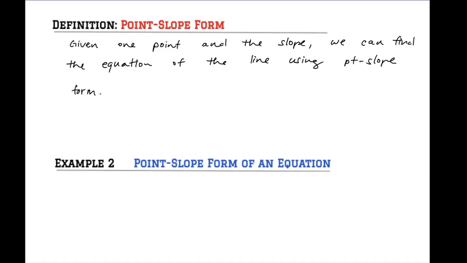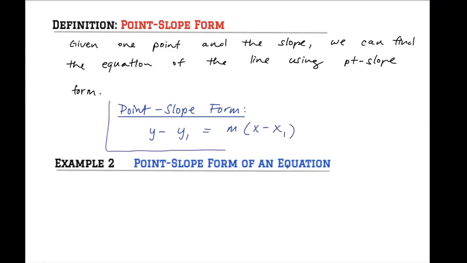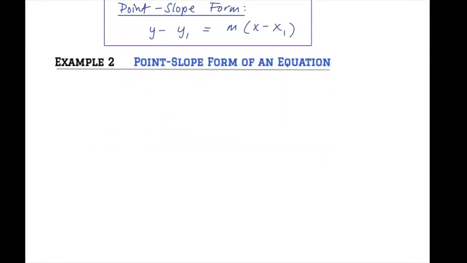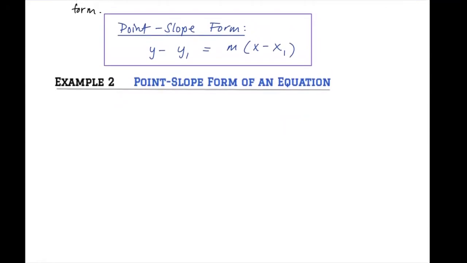Point slope form is y minus y1 is equal to m times x minus x1. Put a box around this because you guys need to know this. So example 2, find the equation of the line that passes through the point.